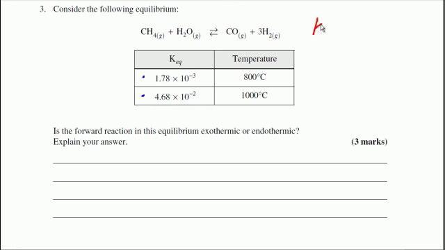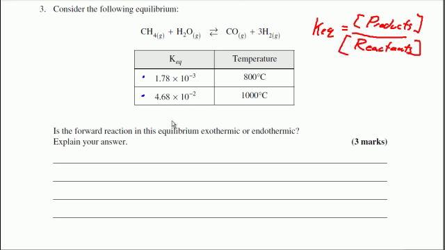And as we know, KEQ is products over reactants. So it says, is the forward reaction in this equilibrium exothermic or endothermic? Explain your answer. So when we increase the temperature, we saw that KEQ got bigger. So what does that mean?